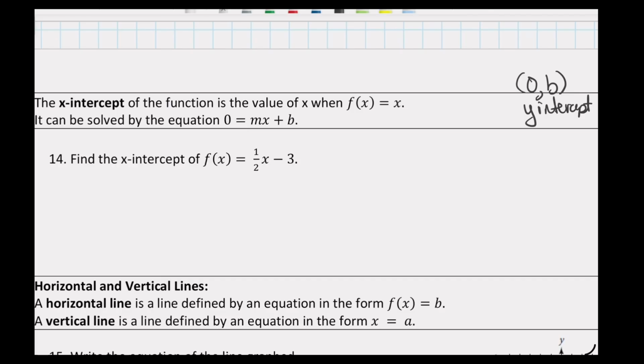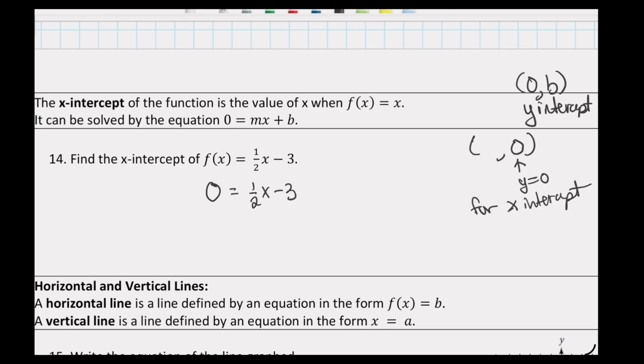The x-intercept can't be found in the equation, but for the x-intercept, y is 0. So we can solve for it by making y 0. And let's figure out what the x would be.